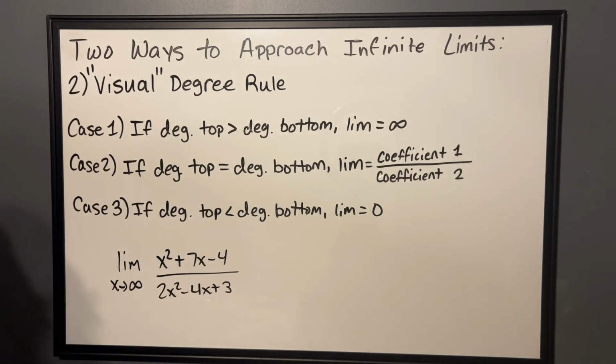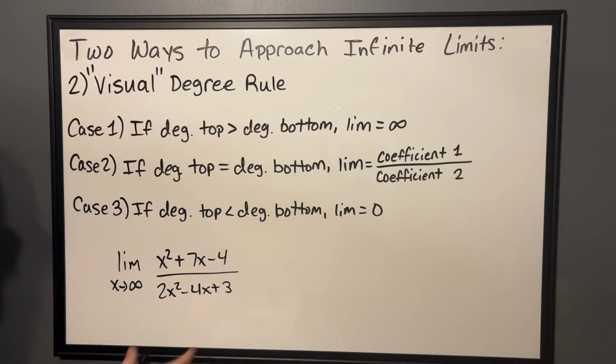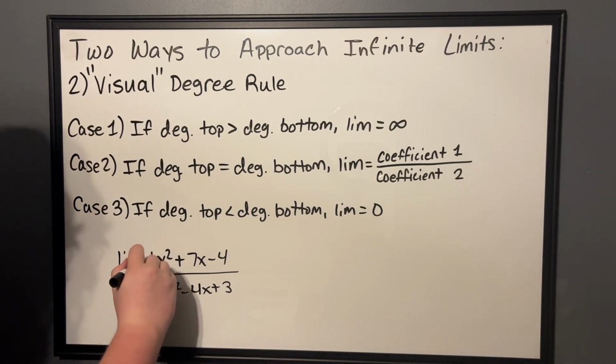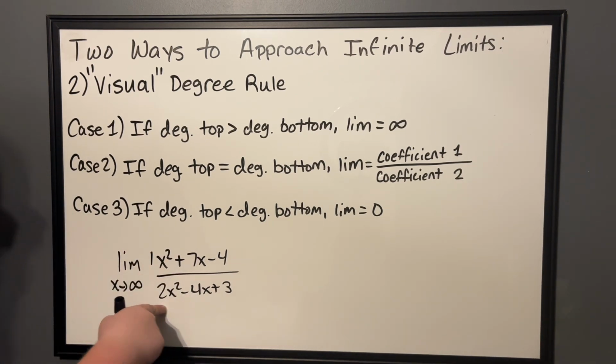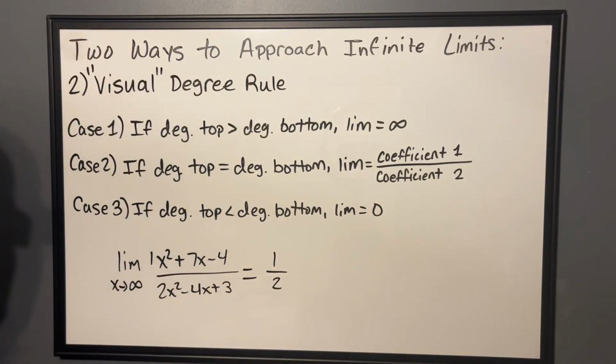I just came up with this example, but we see that the degree of the top is equal to the degree of the bottom. So when I say that the limit is equal to coefficient 1 over coefficient 2, we're looking at the leading coefficients right here, the highest degree terms. So this one is going to be a 1, this one is going to be a 2. So that means that this limit is just equal to 1/2.